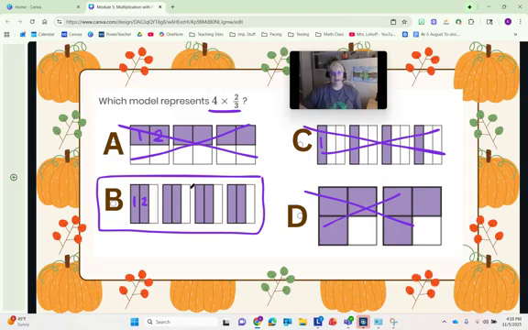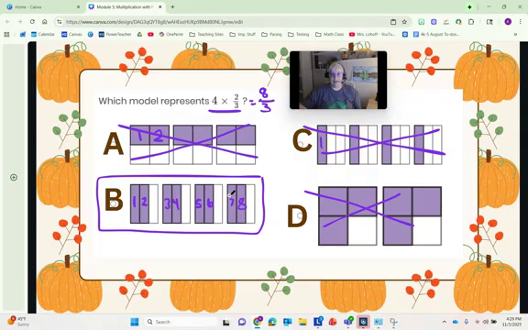Now again, we could count them 1, 2, 3, 4, 5, 6, 7, 8. So the answer to 4 times 2/3 is 8/3. And that again is an improper fraction.